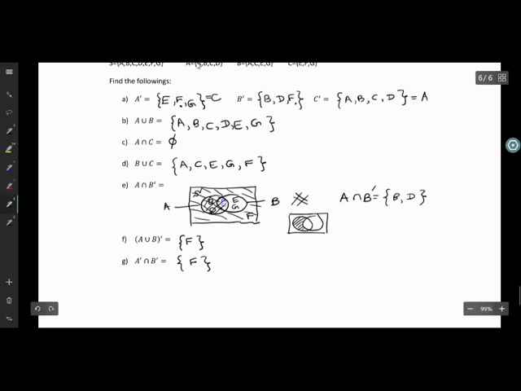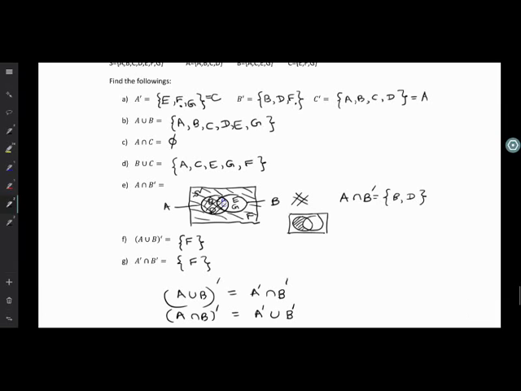Now if you compare the answers in F and G, you see that A union B's complement is the same as A's complement intersection B's complement. In the same manner, if you find A intersection B's complement, that will be the same as A's complement union B's complement. You can check this using the above example and verify this equality.